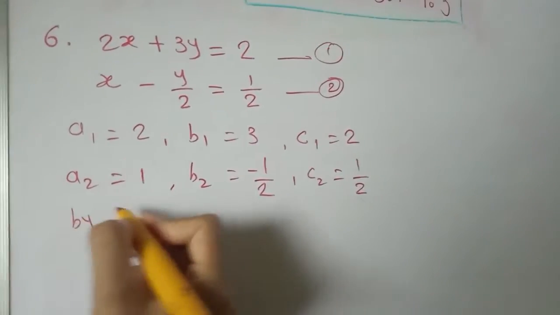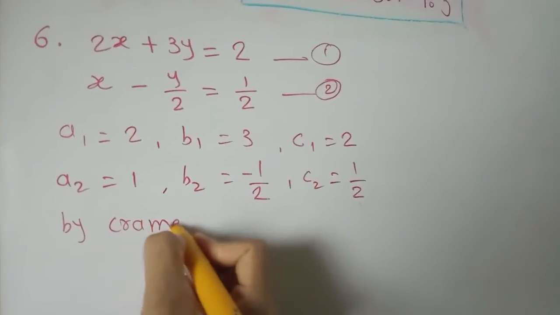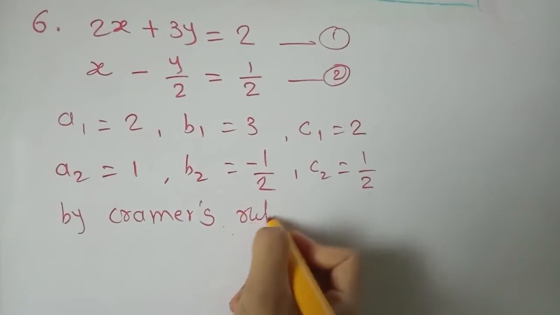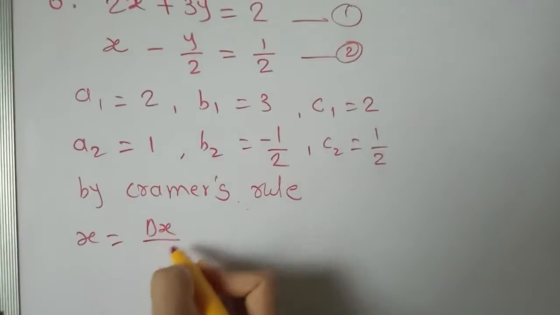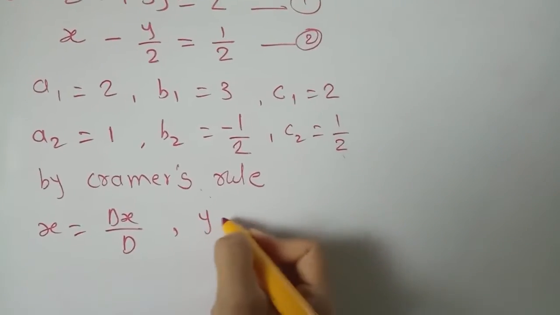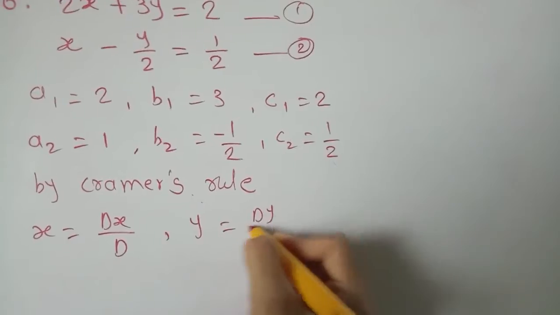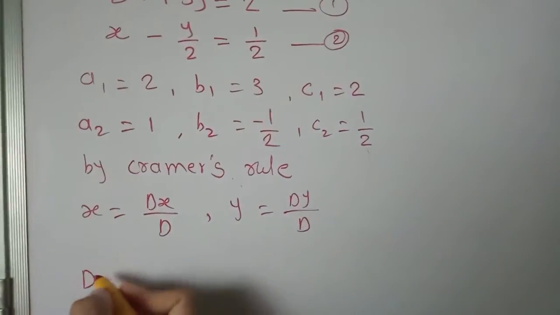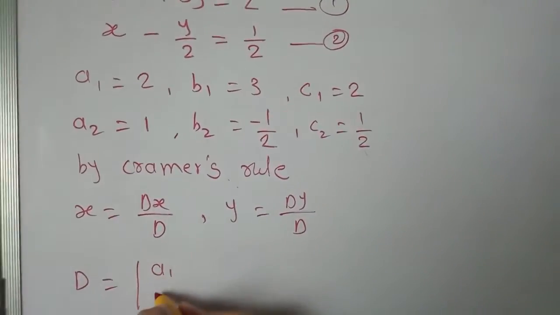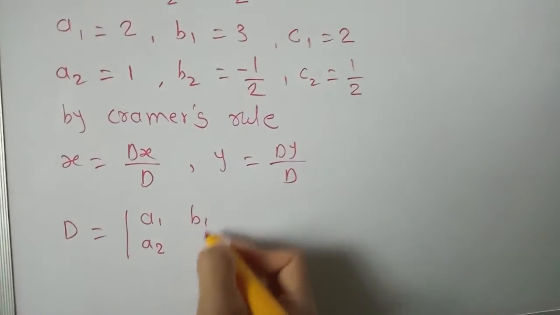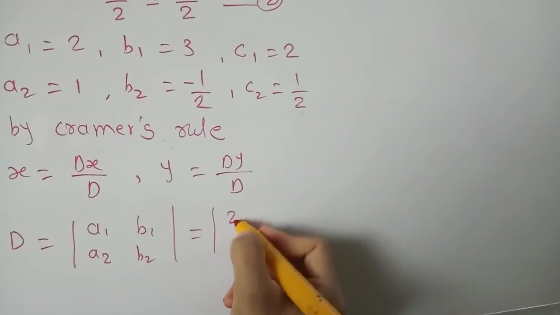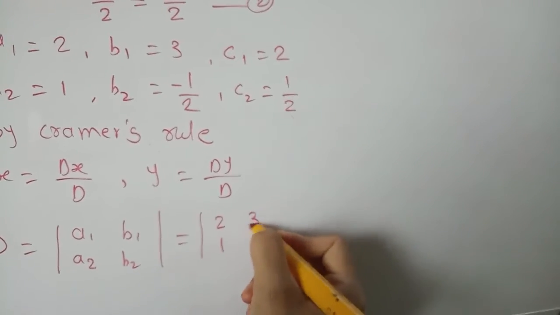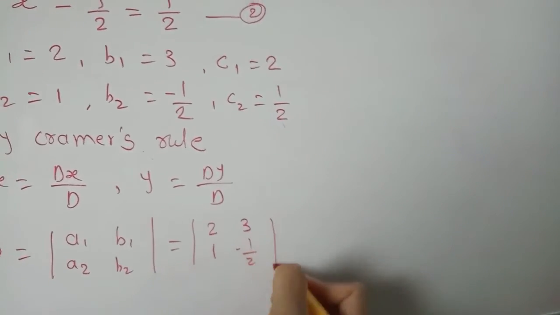So by Cramer's rule, x is equals to dx upon d and y is equals to dy upon d. So d is equals to determinant of a1, a2, b1, b2 is equals to 2, 1 and 3 and minus 1 upon 2.